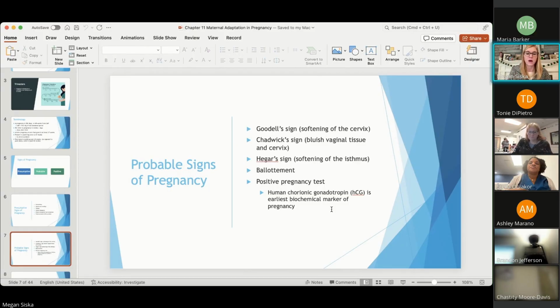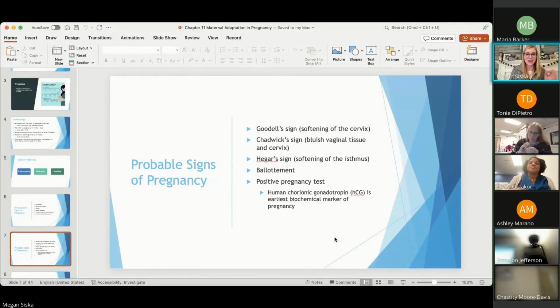But ballottement is a word to say when you are doing an internal exam and you are either by the cervix or in the cervix, you feel something in the uterus, and then you push on it and it bounces up and down. That's ballotable or ballottement. So that still is just a probable sign because maybe it's a tumor. There are a lot of other things that can cause some of these symptoms, as crazy as it seems.